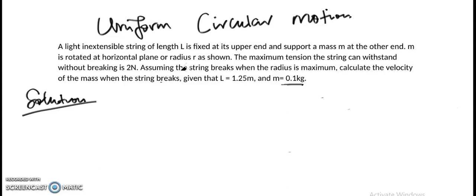The maximum tension the string can withstand without breaking is 2 newtons. Assuming that the string breaks when the radius is maximum, we are to calculate the velocity of the mass when the string breaks, given that L, which is the length, is 1.25 meters and m, which is the mass, is 0.1 kg. So let us see the solution to this problem.